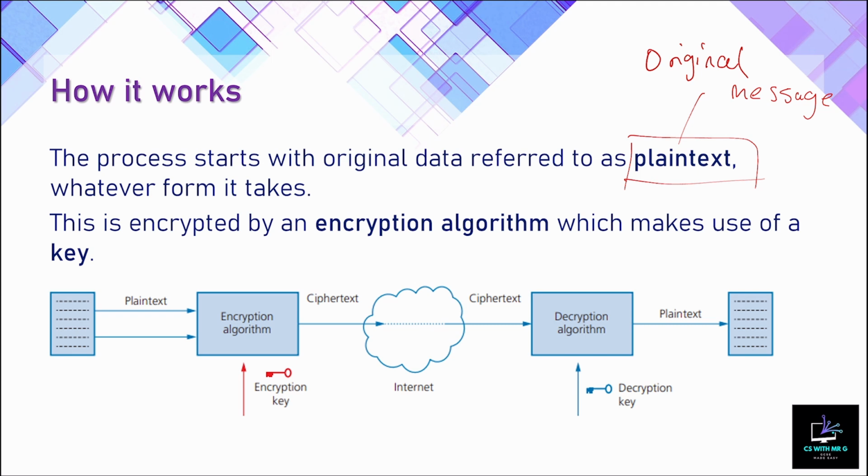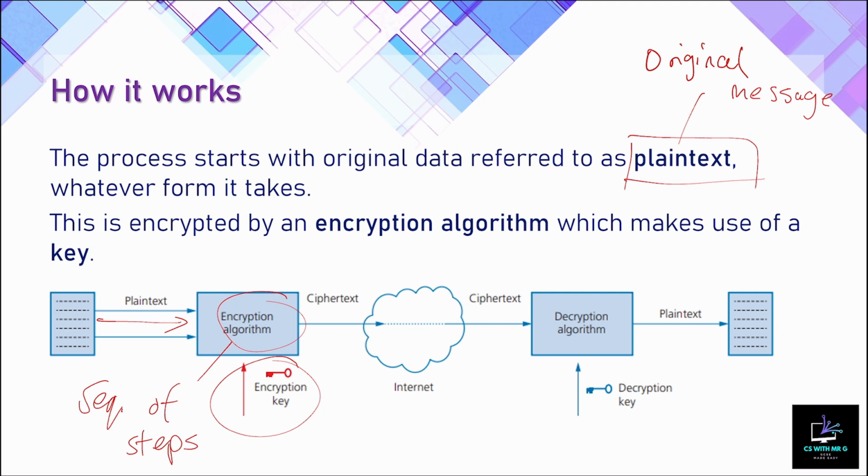So what happens is this plain text goes through what we call an encryption algorithm. Remember, algorithm is just a sequence of steps, a set of instructions. And these instructions will encrypt the data so that it's in some kind of unreadable format. The encryption algorithm uses an encryption key. It will have a key to securely change this data into an unreadable format.